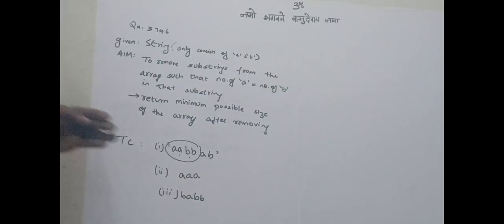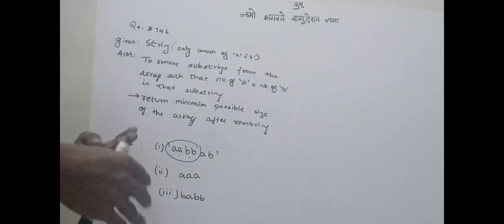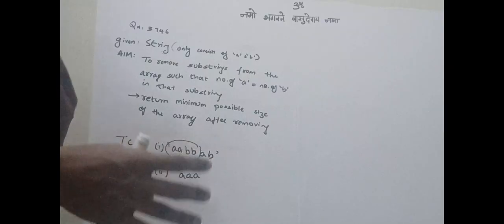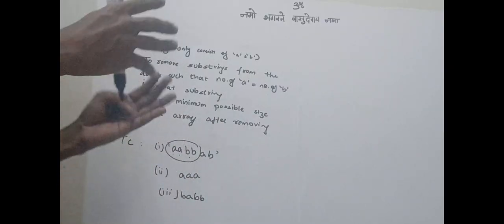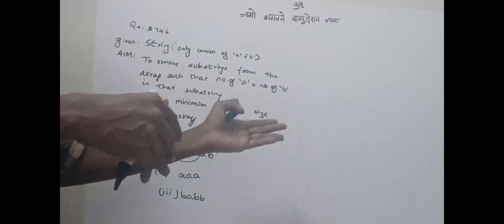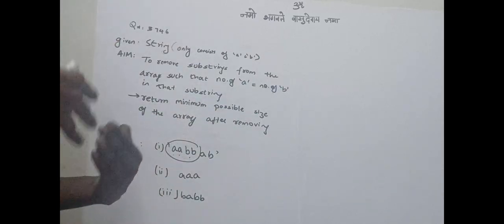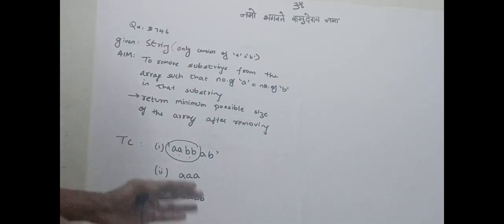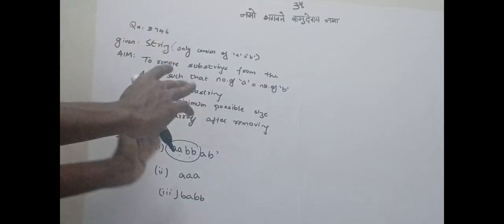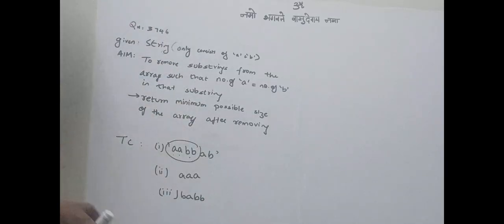We have to continuously find and remove such substrings until we cannot anymore, and return the minimum possible size of the string.